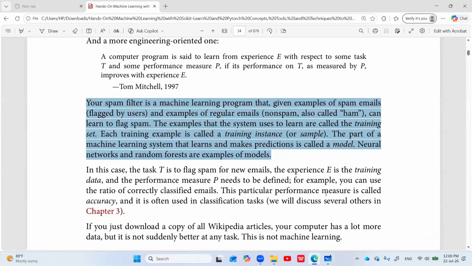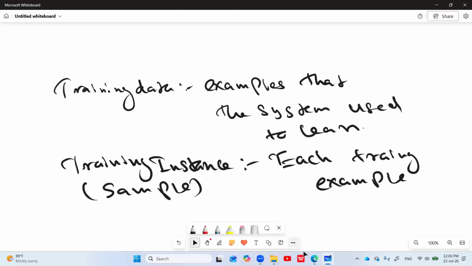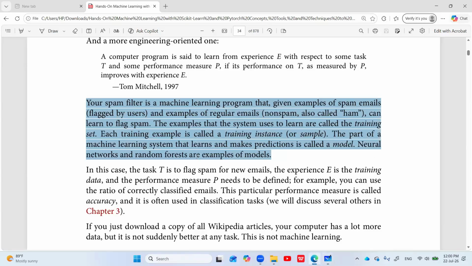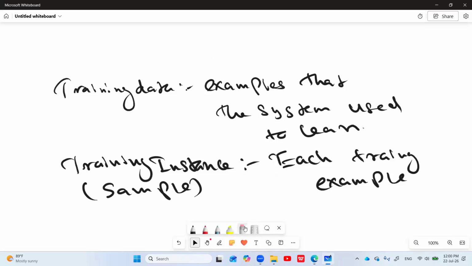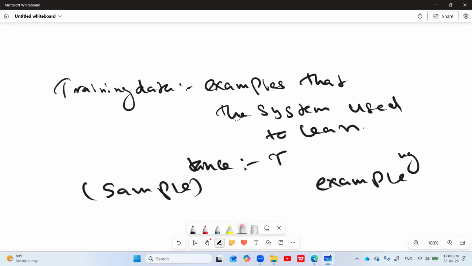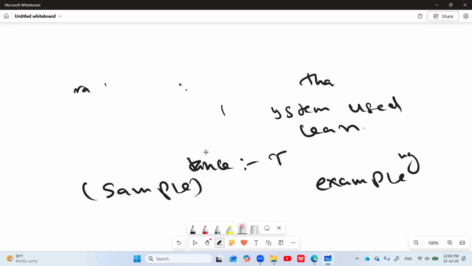The part of a machine learning system that learns and makes predictions is called a model.